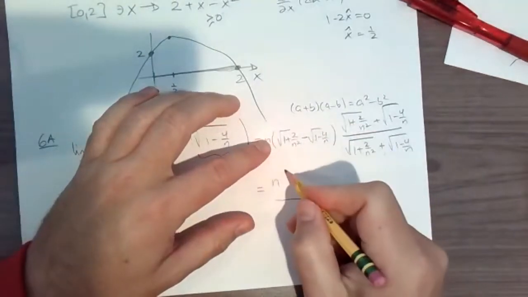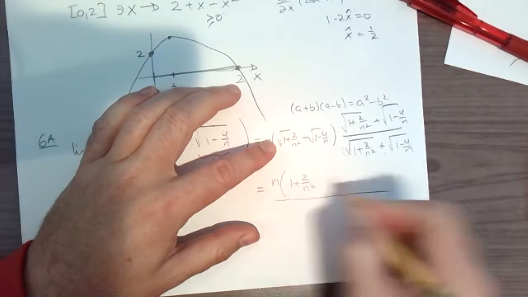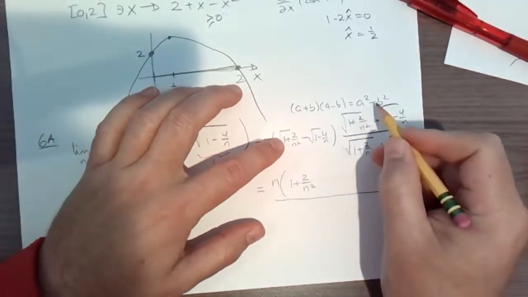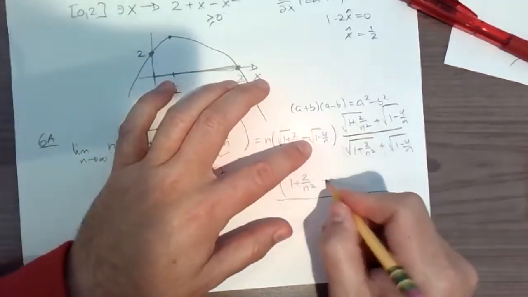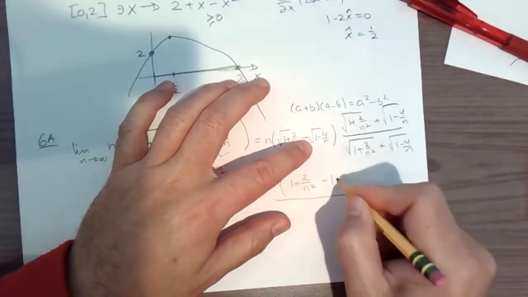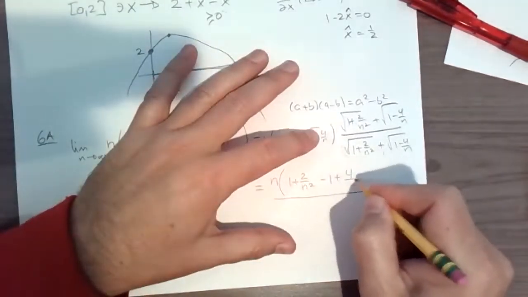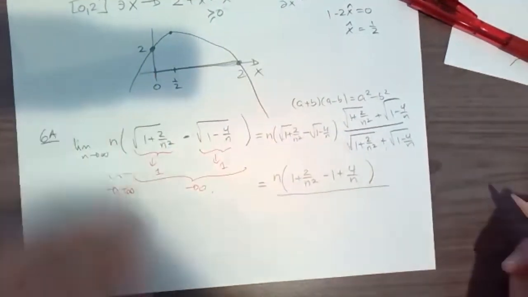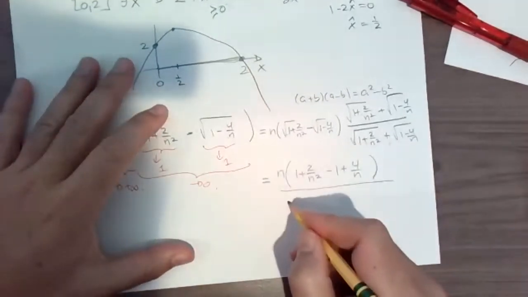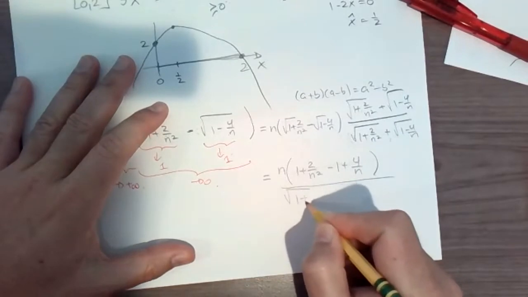I'll have the first term times the first term. We're going to get 1 plus 2 over n squared. And then I'll have the other one with a minus sign, minus 1, minus is going to be a plus, 4 divided by n. And then the same stuff downstairs. The stuff downstairs is going to converge to 2, so it's not that problematic.